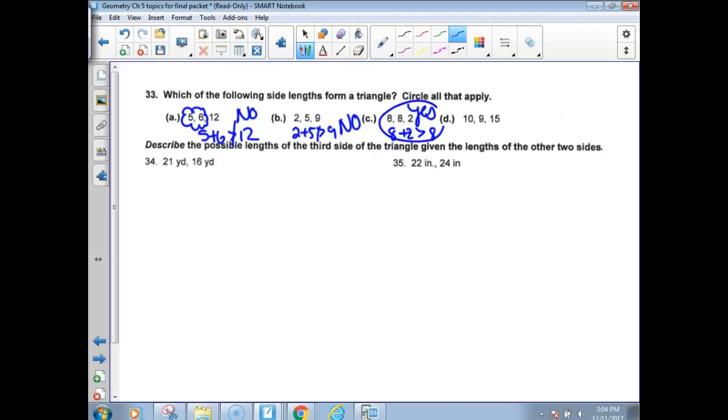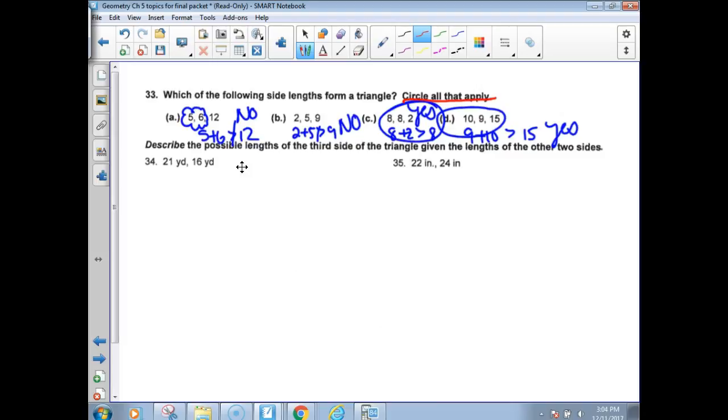Yes, this is a good one. So C is good, and then 9 plus 10 is greater than 15, so this one's another yes. It just said circle all that apply. So there were 2 answers that were good.